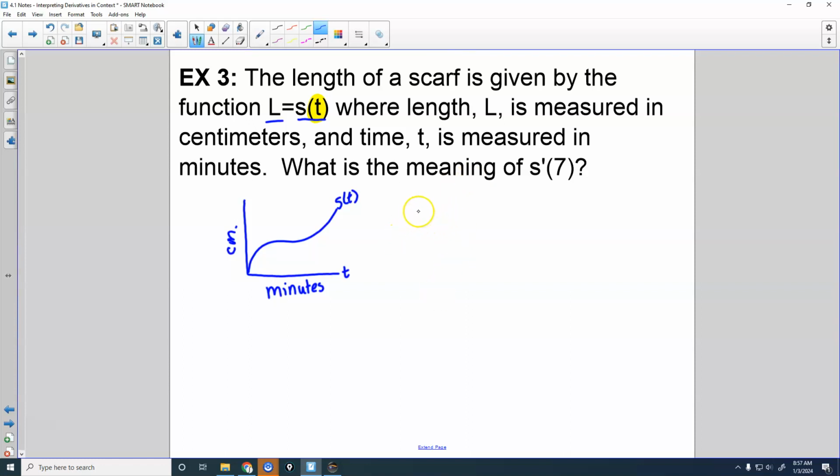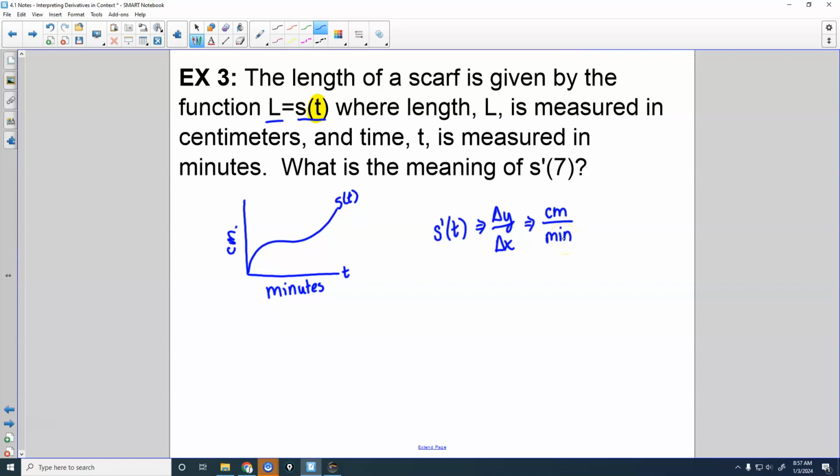We have our units for S prime of T would be, again, change in Y over change in X, which would be centimeters per minute.